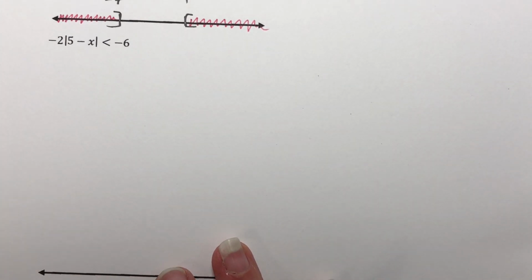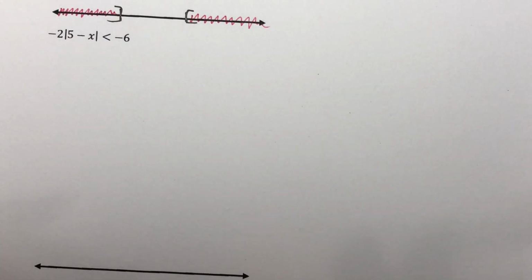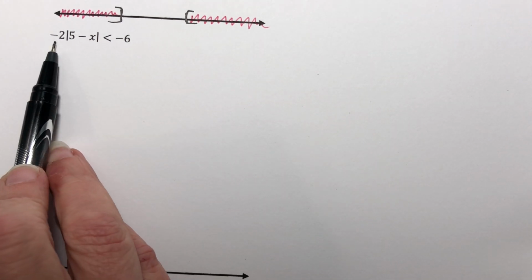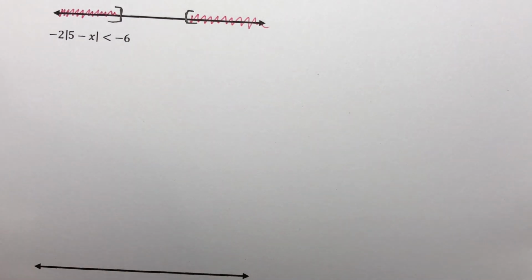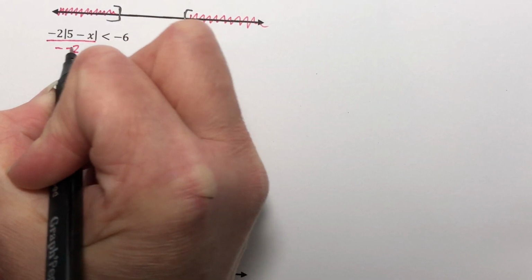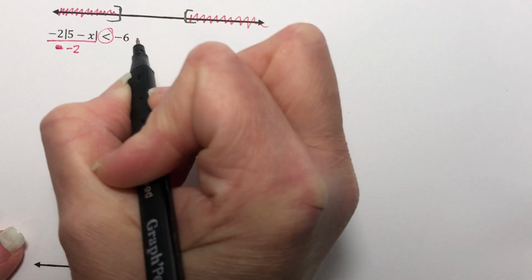All right, and this last problem is very similar to the last less than problem we worked. We need to get the absolute value alone, which means we need to divide both sides by a -2. And when I divide by a -2, I have to flip that sign around.